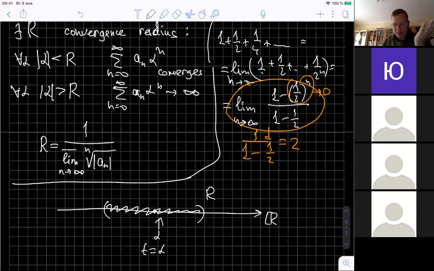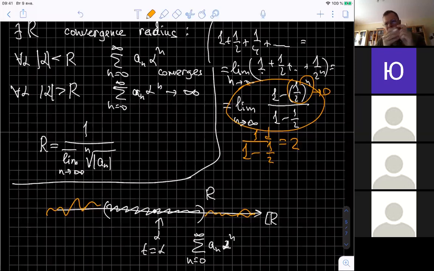So we can find the infinite sum of a_n times alpha to the n. And outside, we cannot do that because it tends to infinity or some non-positive numbers, so it will not be true. And so we can use all alphas less than this radius of convergence or convergence radius.